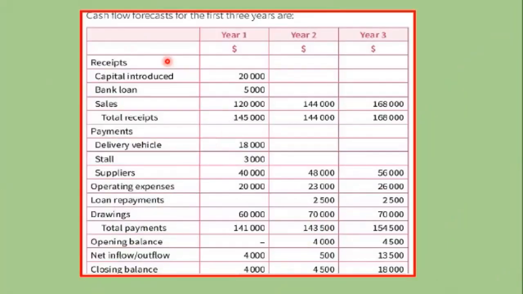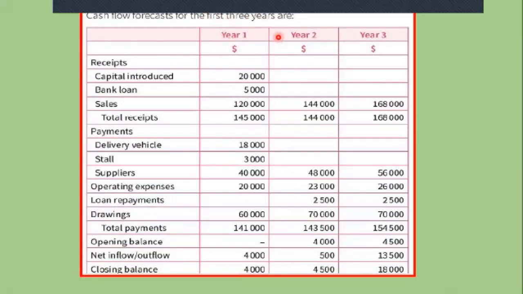Right, your cash flow forecast, we could remember this from our last lesson, right? In year one, you introduce the capital and then have the bank loan. And we have the sales, total receipts, and then we have the payments and the usual things underneath.